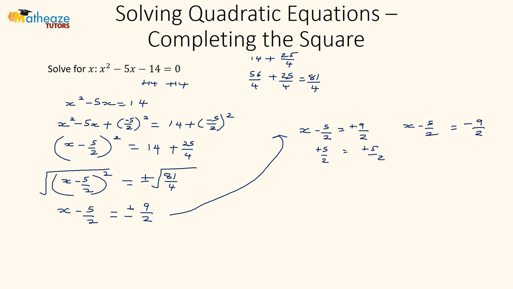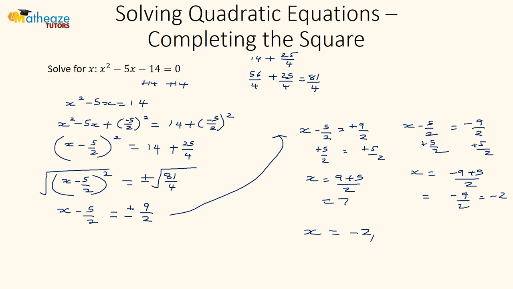So we have x equal to (9 + 5)/2, which is 7. And we also add 5/2 on this side here. So x is equal to (negative 9 + 5)/2, which is negative 4/2, which gives us negative 2. So x is going to be equal to negative 2 and 7.